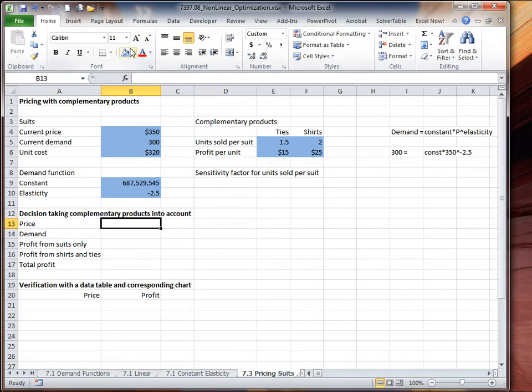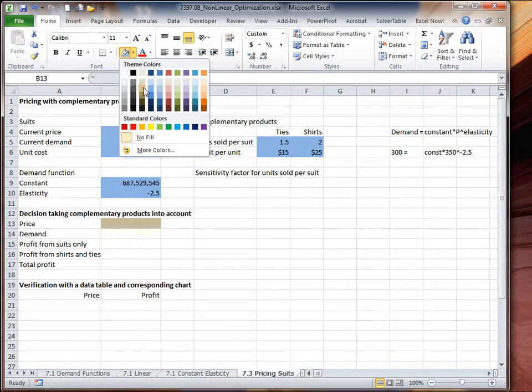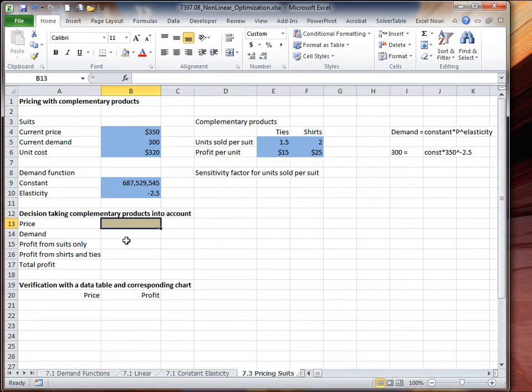So let's start by, all right, so price is going to be our decision variable. Demand is equal to what? What's the equation for demand? It's the constant times the price raised to the elasticity. And again, it's division by 0 because the price is 0. So I'm going to put a 1 in there just to get rid of the division by 0 number.